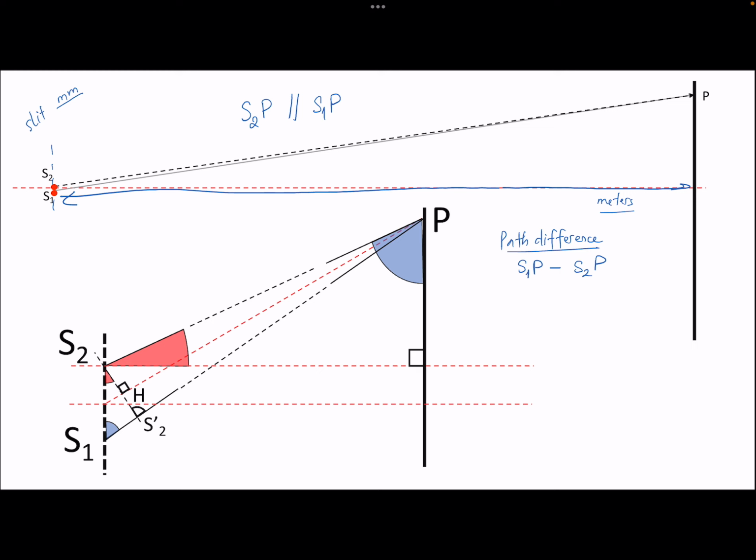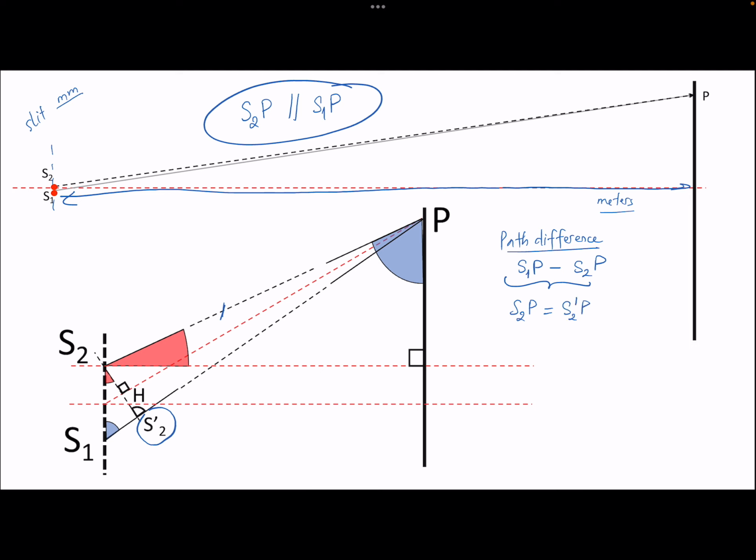And as we have emphasized, you can imagine S2P is kind of parallel to S1P. So if we want to find this, I will have another point S2 prime on S1P, so then we can have S2P equals S2 prime P.